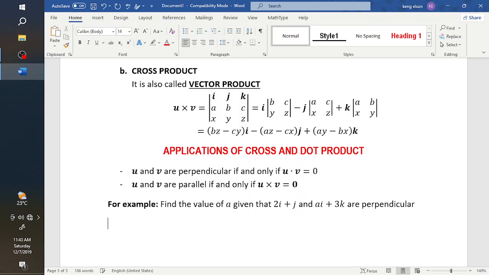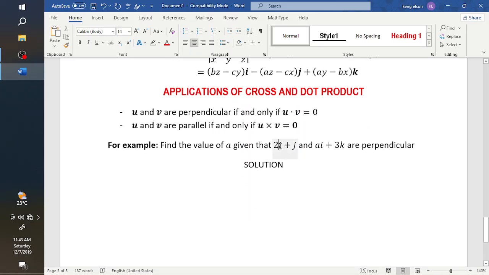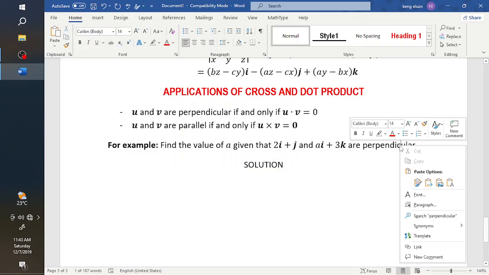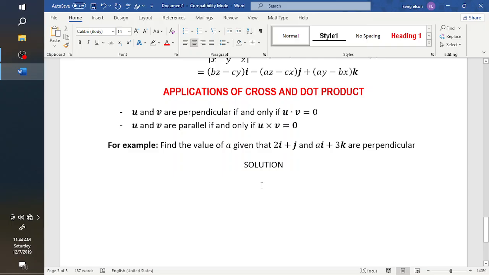Okay, so let's start from here. So let's find the value of the constant A for which these two vectors are perpendicular. Now all we have to do is the dot product of the two vectors. Is it okay? And we equate to 0 because we know that the vectors are perpendicular.